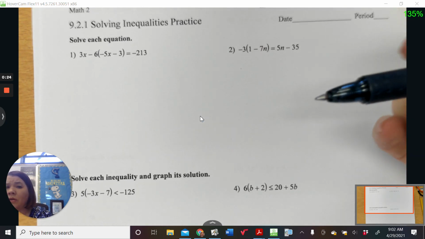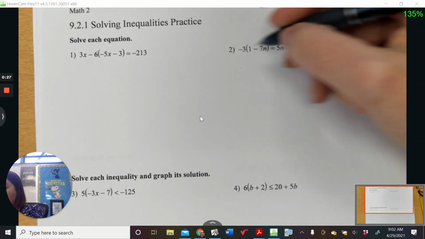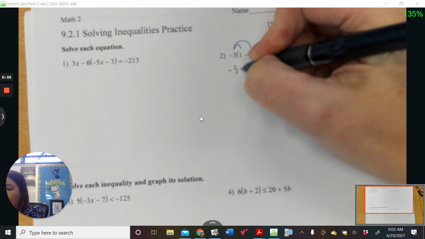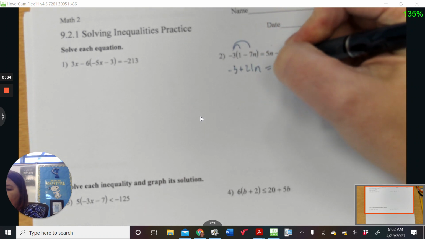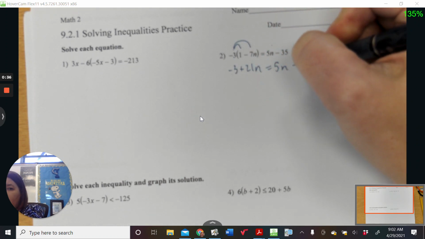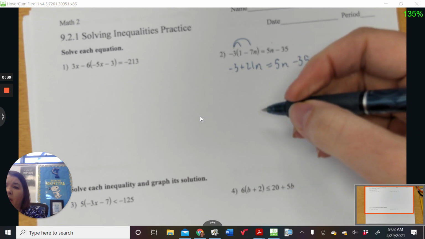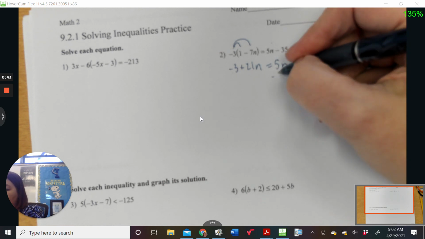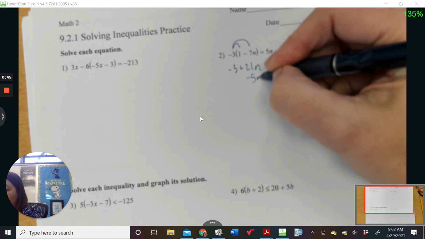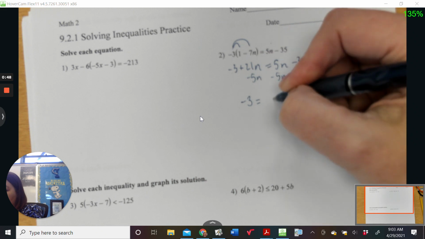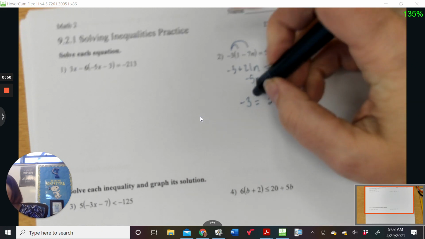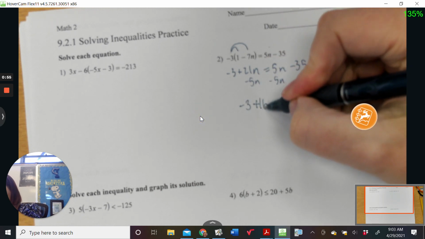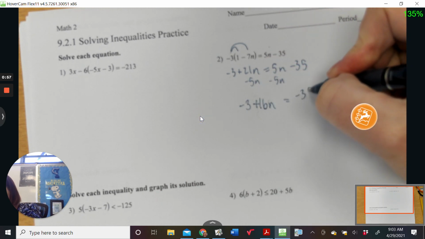So some pretty basics. I figure you can probably do 1 and 2. I'm just going to work through number 2. So I'm going to distribute, and I get negative 3 plus 21n equals 5n minus 35. Then I'm going to subtract 5n from both sides, and I get negative 3 plus 16n equals negative 35.